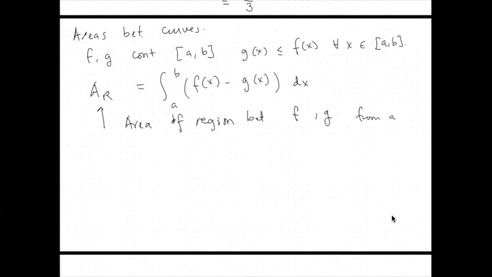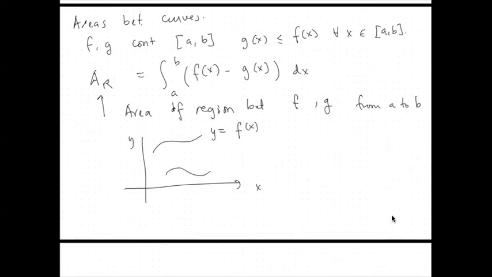from a to b. So if we have a graph of that, and this is your x-axis and y-axis, you get here y is equal to f of x, the bigger function, and y is equal to g of x, the lower function. And if this is your interval, a and then b, then this is your A sub R. So this is just f of x minus g of x.